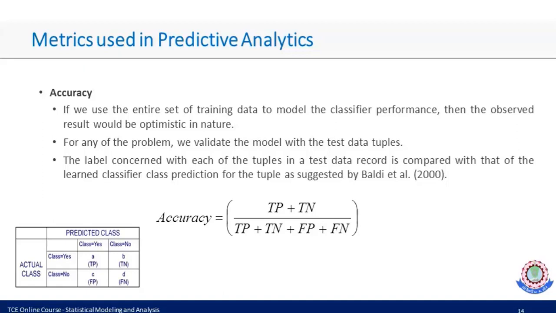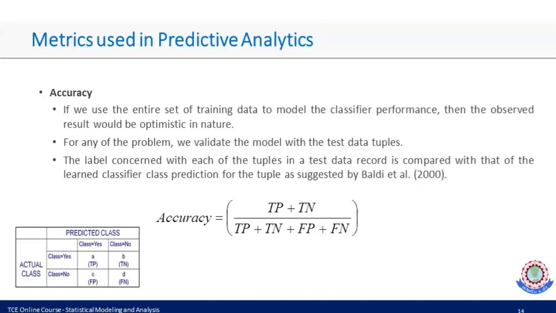So, in order to overcome this problem, we validate the model by fitting the model and testing it with test data tuples. The label concerned with each of the tuples in the test data is compared with the learned classifier against the tuple for predicting the nature of the model and to estimate the performance.